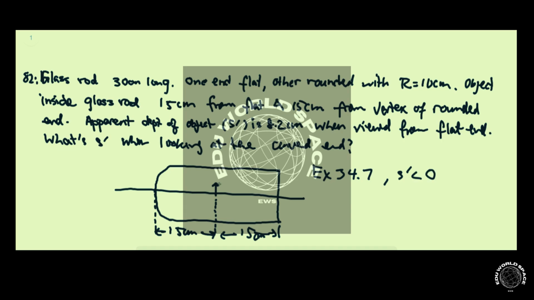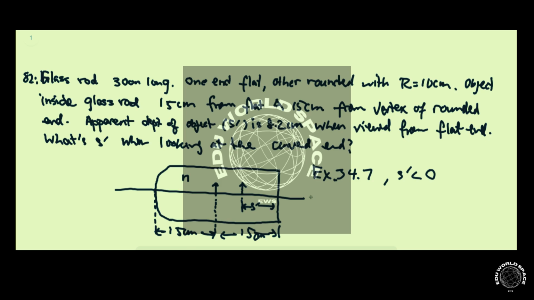Okay, so since the object is embedded inside this glass rod, which let's say has index of refraction n, the object is inside, somewhere wherever 8.2 is, maybe here. So this will be your S primed. S primed is negative because it's on the incoming side of the two media. So we need to keep this in mind.